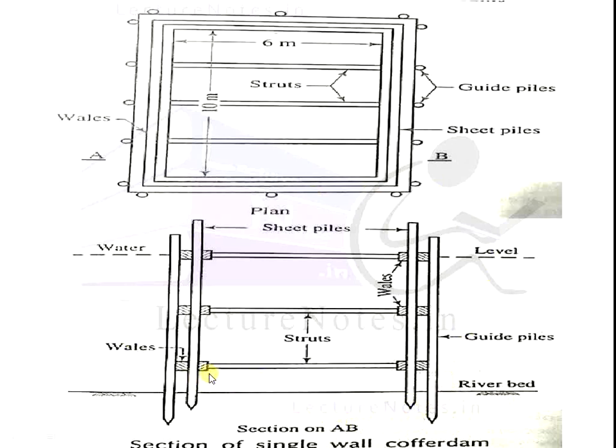This is the single wall cofferdam. The wales, struts, and guide piles are made from timber, and the sheet piles are made of either timber or steel material.